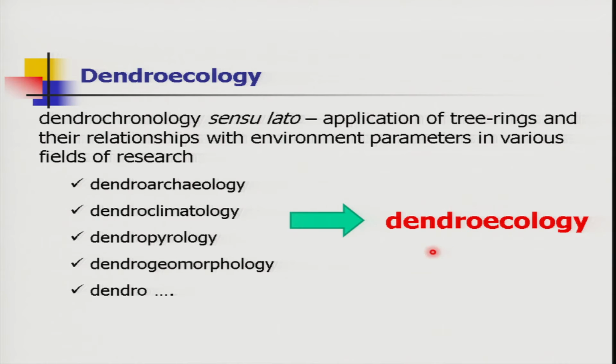And it is known as dendroecology, which includes information hidden or recorded by the trees about different parts of the environment. So this ecology part of the name says so.